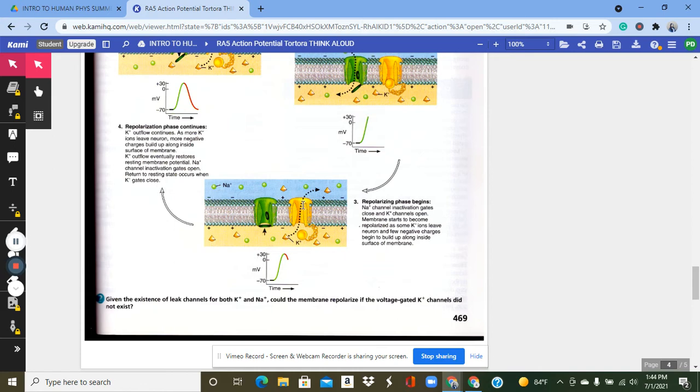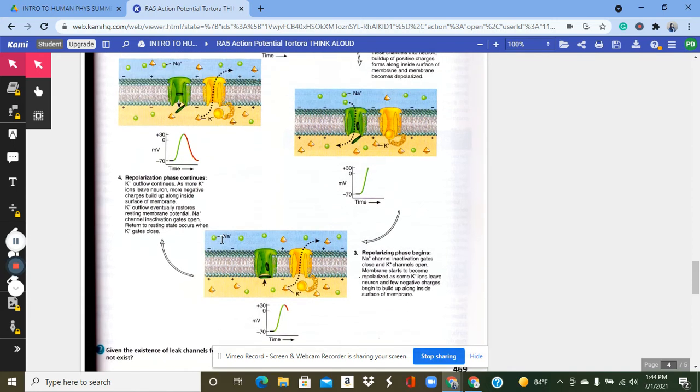Okay, the potassium channels open. So you can see here the sodium channel is closed. I assume these triangles are the potassium ions and they leave through the potassium channel.